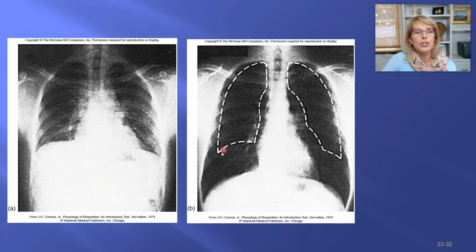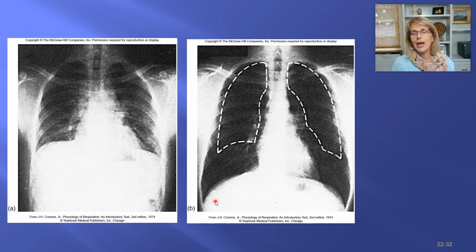The dotted line shows you where the lung was when you just exhaled. And look, this lower tip of the right inferior lung lobe went from about, I don't know, rib number 7 or something like that. And as the lungs inflated, it went all the way down to rib number 12 or 13. Crazy, right?